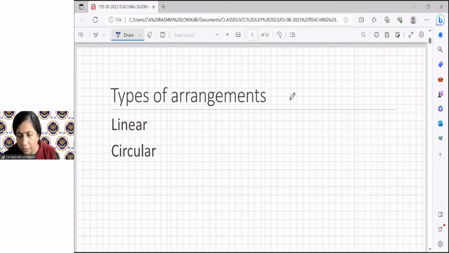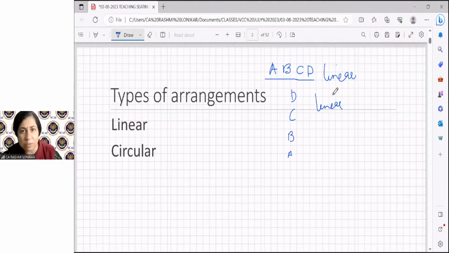Suppose I have 4 friends A, B, C, and D. So this is one way of standing. This is called linear. I can even have D, C, B, A. This is also linear. These are linear types of arrangements.